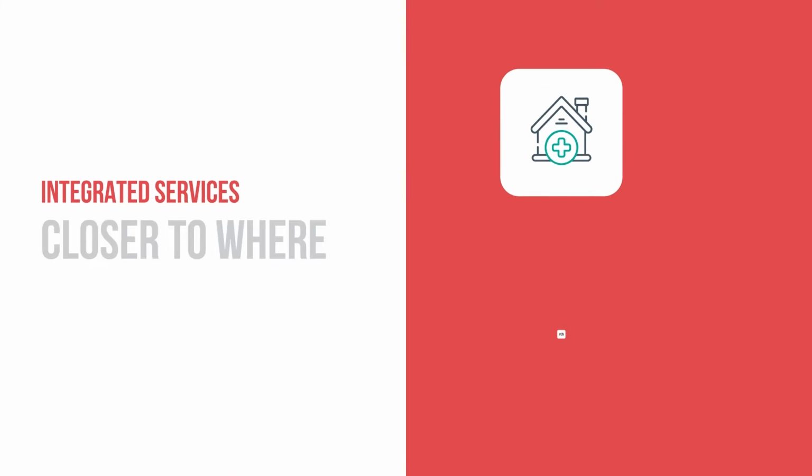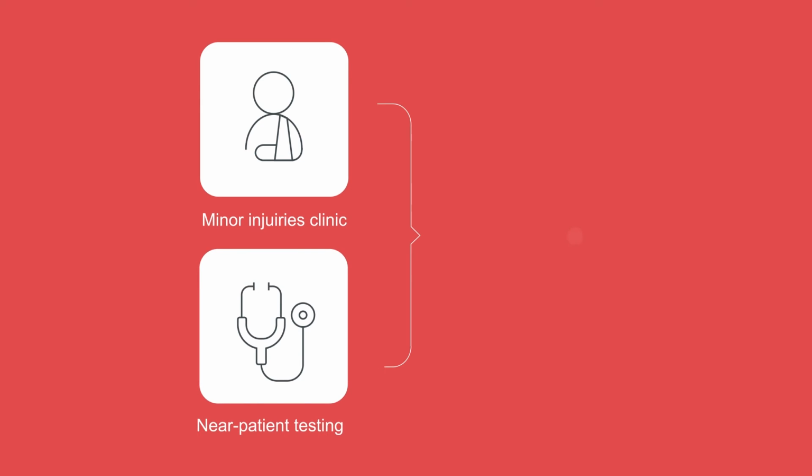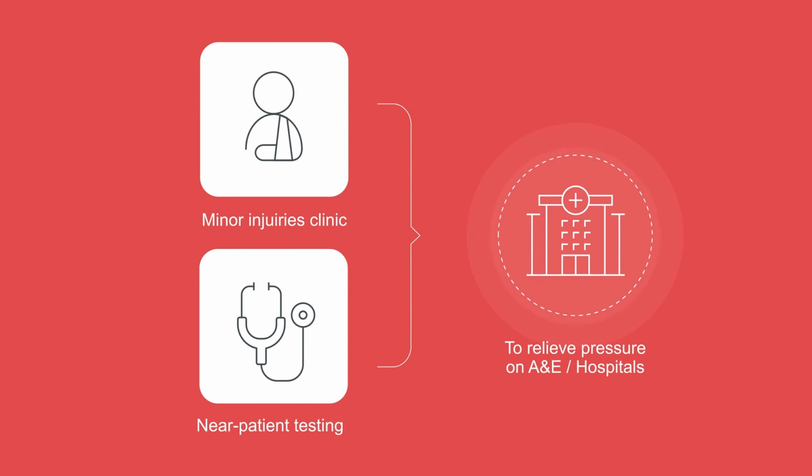Practices often work through GP federations and increasingly primary care networks to provide other services closer to where people live. For example, by providing a minor injuries clinic to relieve pressure on the local A&E department and near-patient testing to reduce the number of hospital visits.